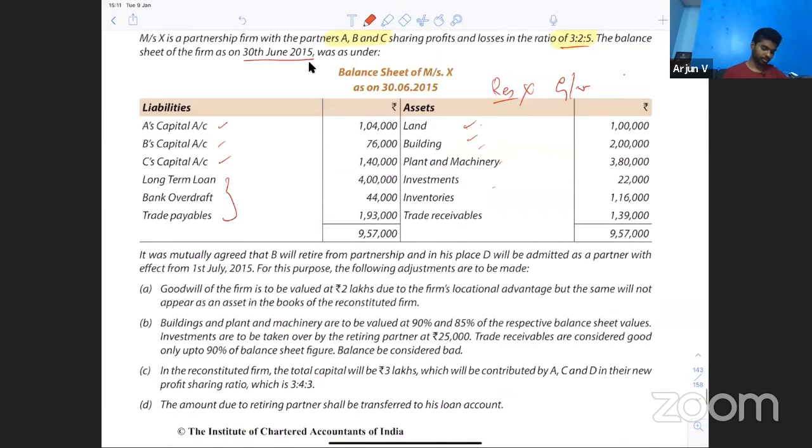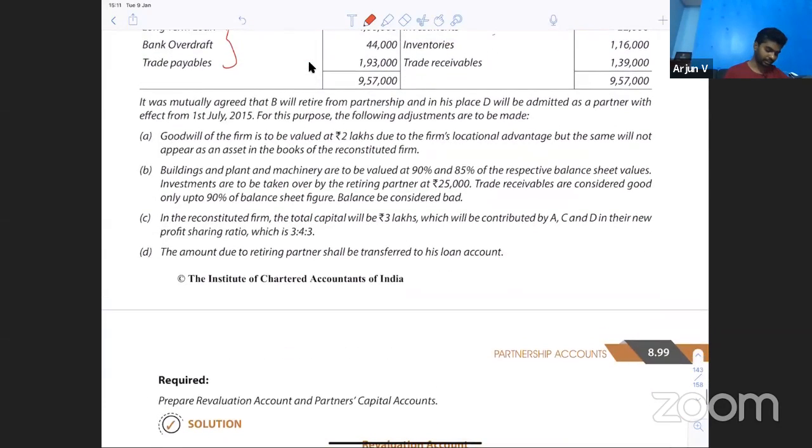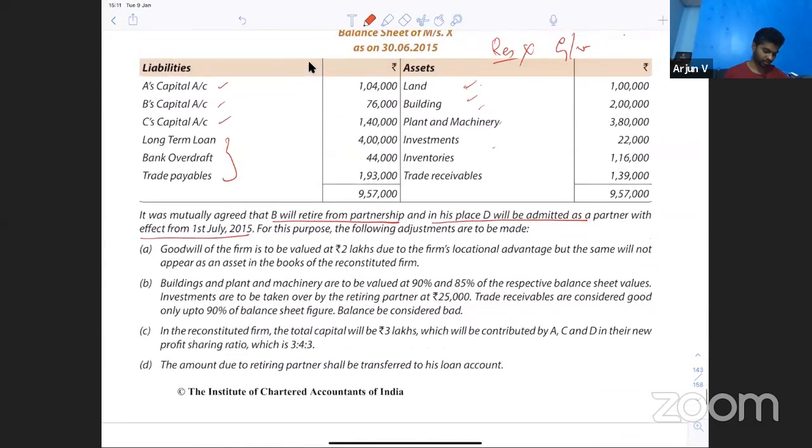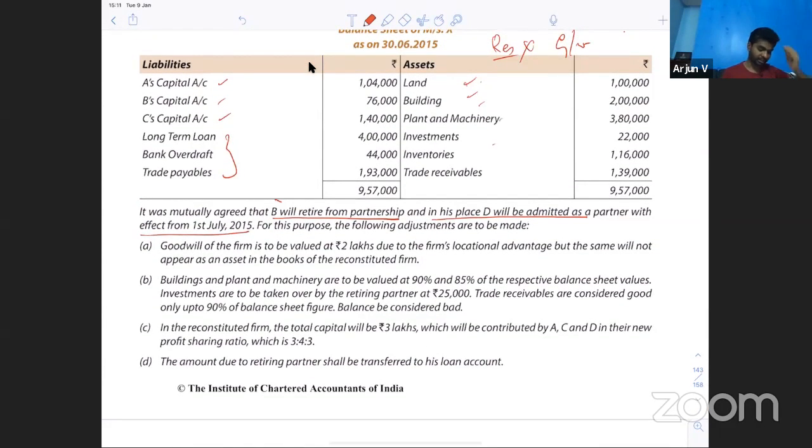Correct? It was mutually agreed that B will retire from the partnership and in his place D will be admitted as a partner from 1st July 2015. That means B will retire, D will take over. We have to check whether the profit sharing ratios are going to be the same.